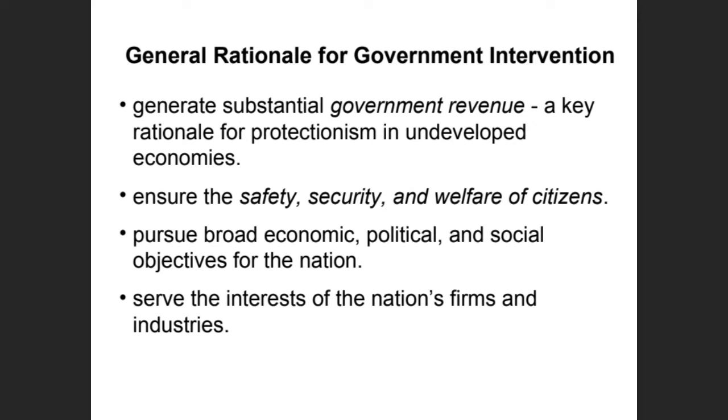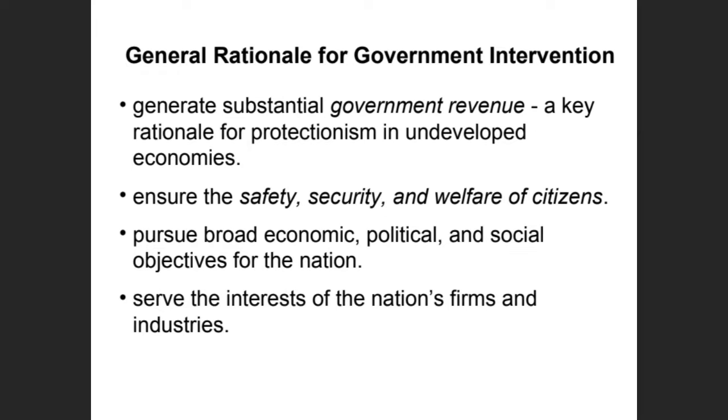So Mexico proposed substituting quotas in place of tariffs. The two countries' governments have negotiated for years to resolve the dispute. So this is the general rationale for government intervention.